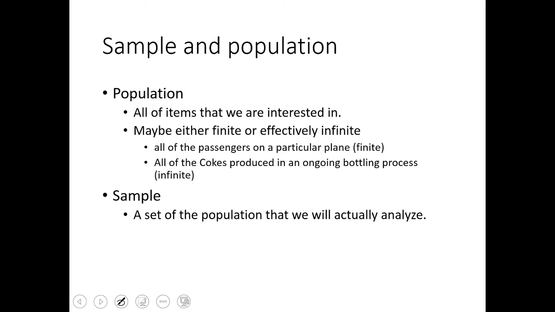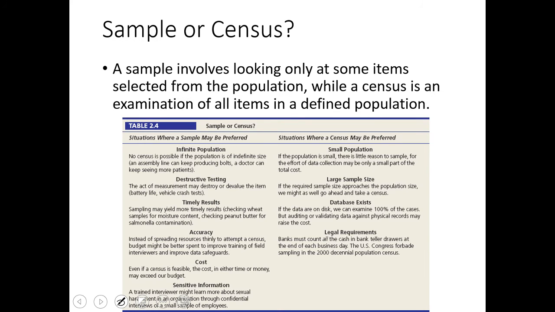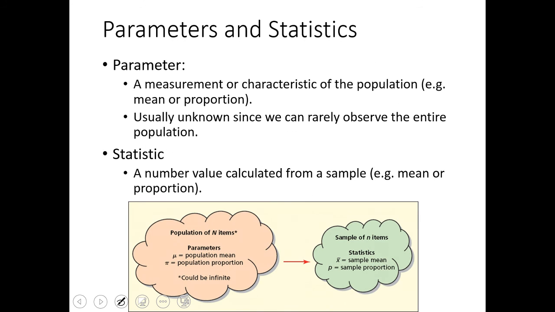So the final topic of this lecture is sample and population. So we are studying statistics. Why do we have to study statistics? Because human beings are very limited creatures, so we cannot see all the data in our life.